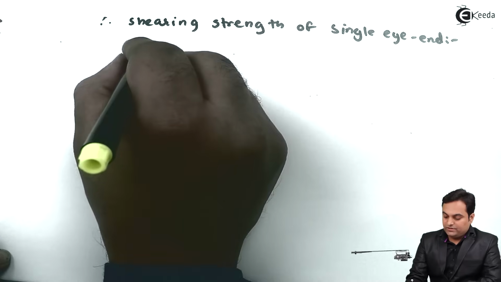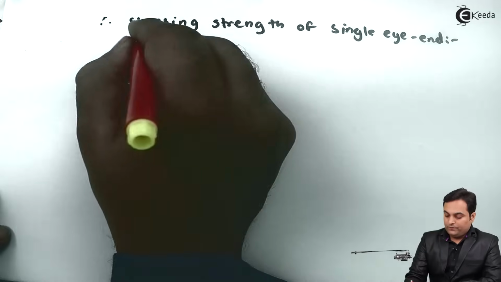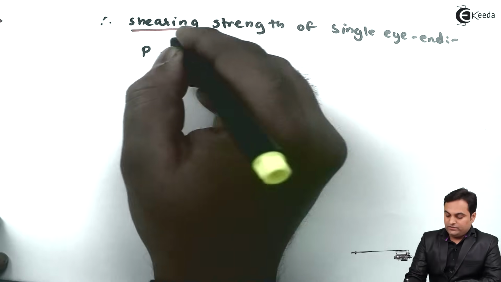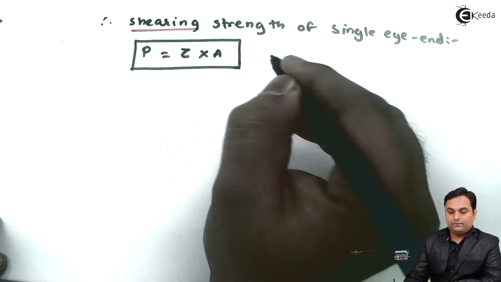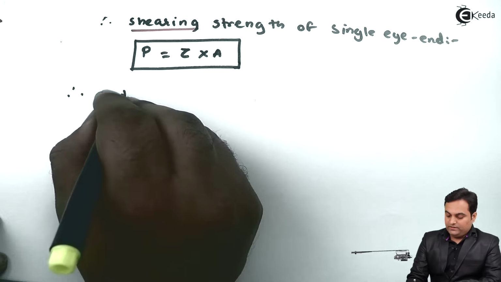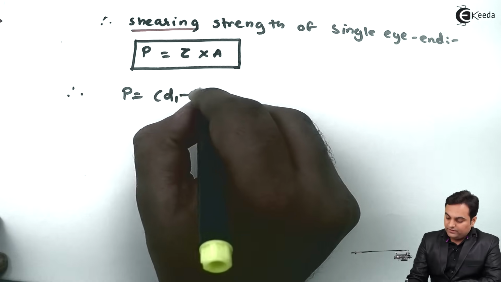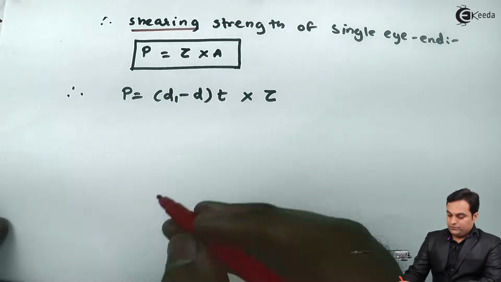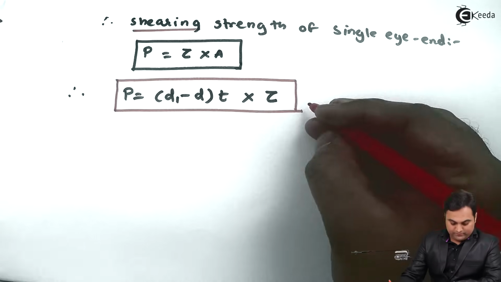Shearing strength is load, since we are finding shearing, that is shear stress into area, which is the resisting area. So therefore P is equal to, area we have found out, D1 minus D into T, and stress is tau. So this becomes my equation number 3.